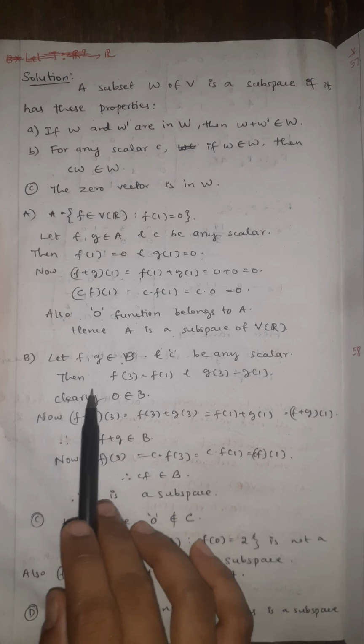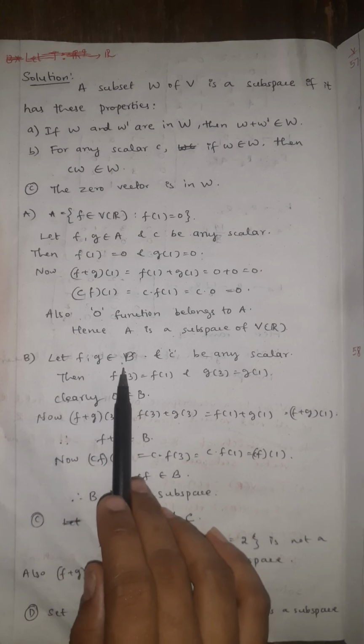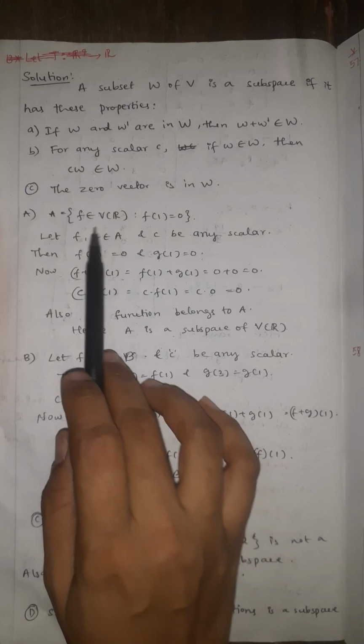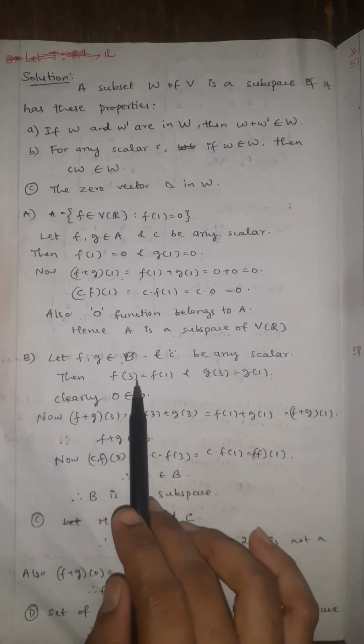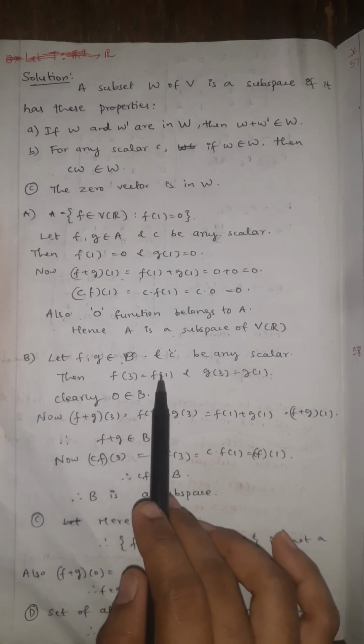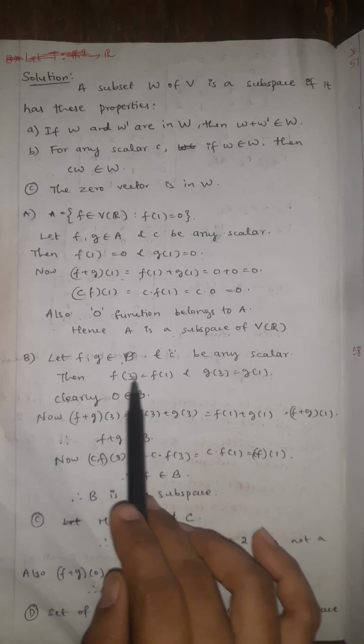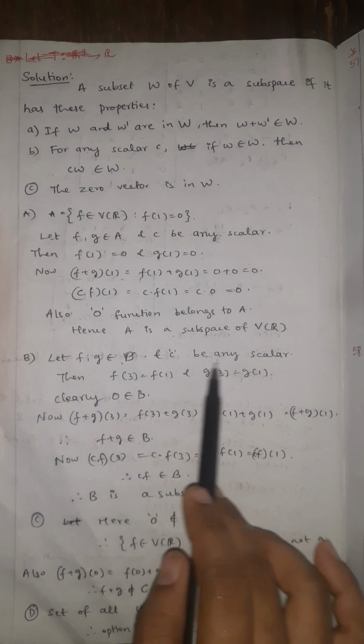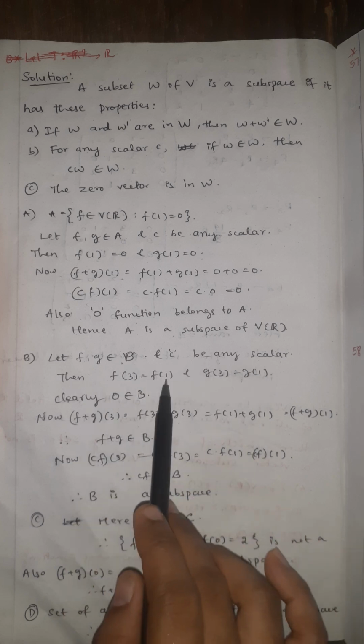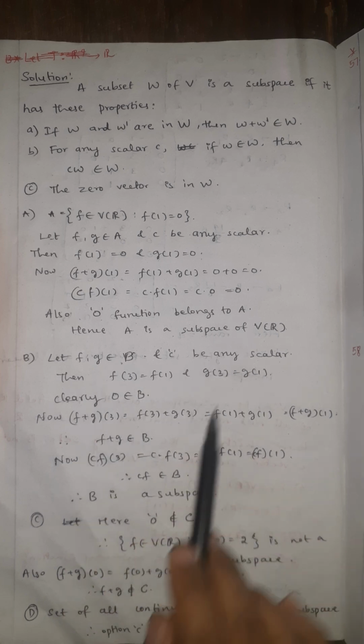Next, the second one is the set of all functions in V of R such that f of 3 is equal to f of 1. So let us check whether it is a subspace or not. Let f, g be any two functions, c be any scalar, then f of 3 equal to f of 1, g of 3 equal to g of 1.